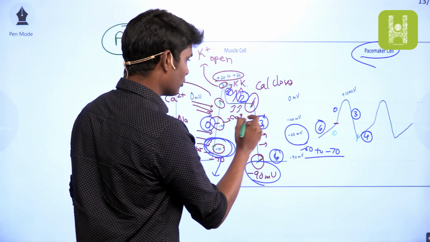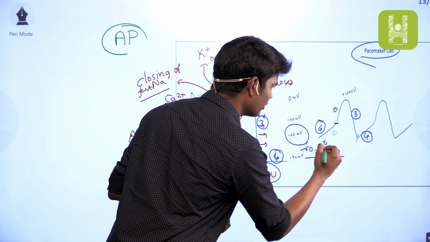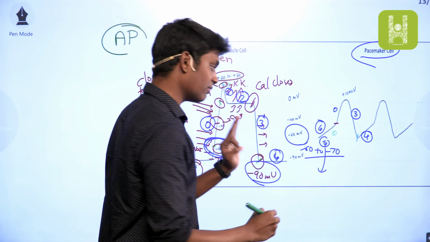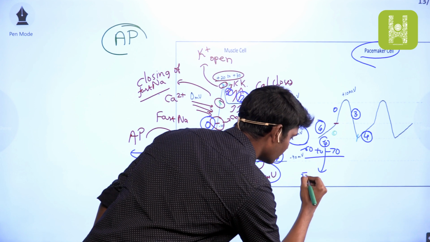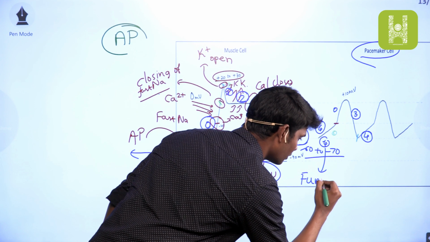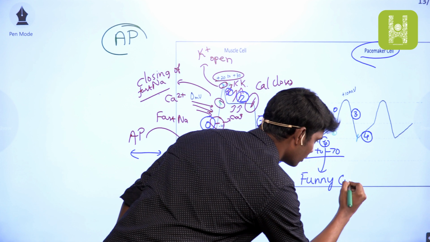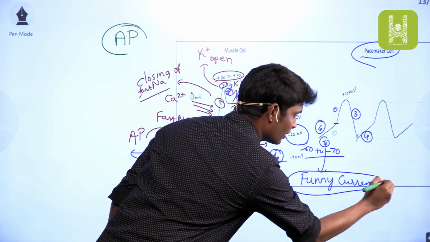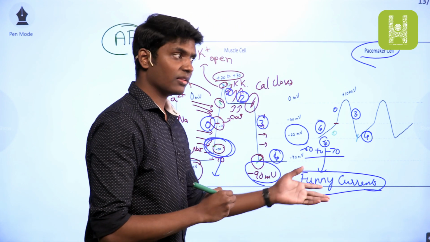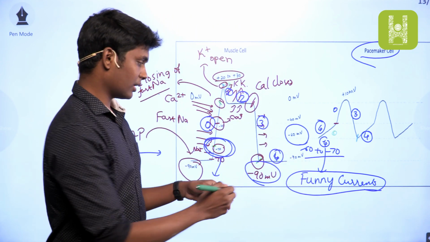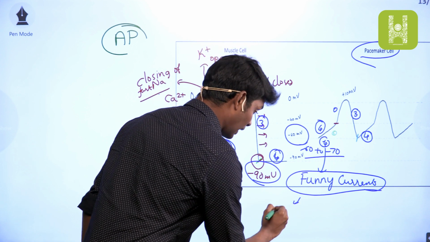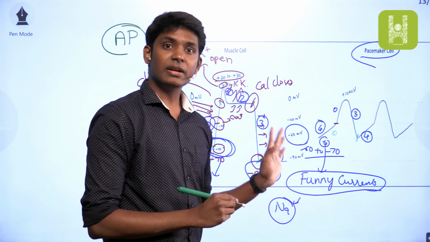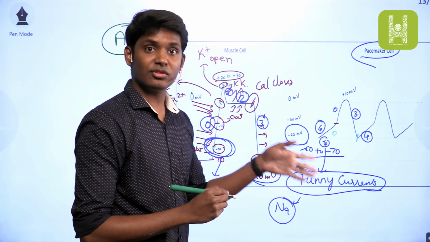Okay, so at phase 4 we have to remember one very important channel, which is the funny current. So what is a funny current? This funny current is nothing but a different type of sodium channel which depolarizes spontaneously and slowly.